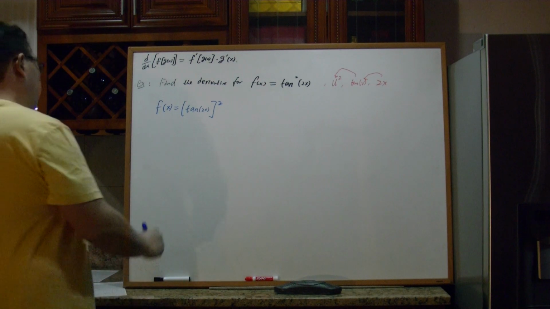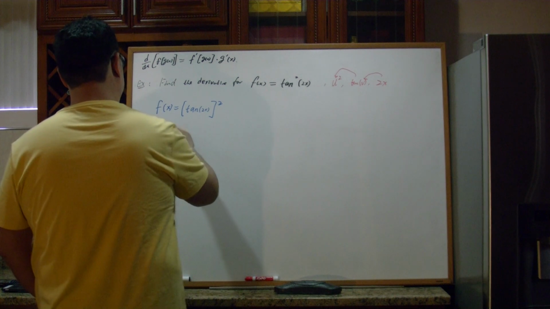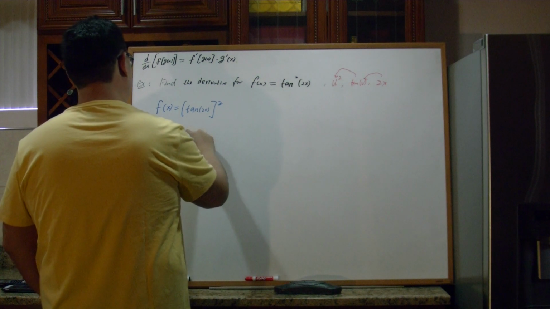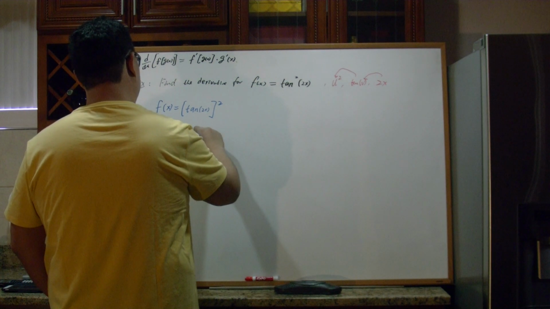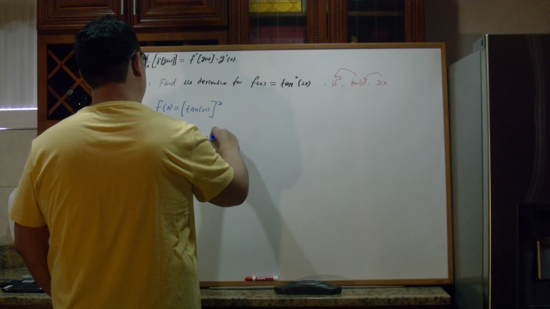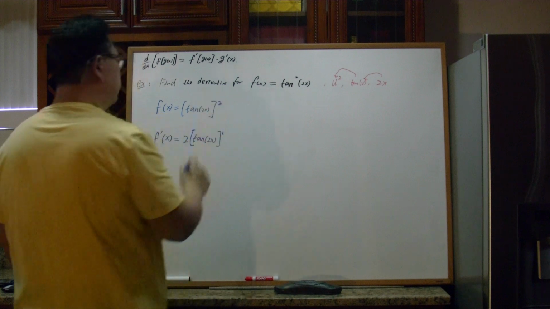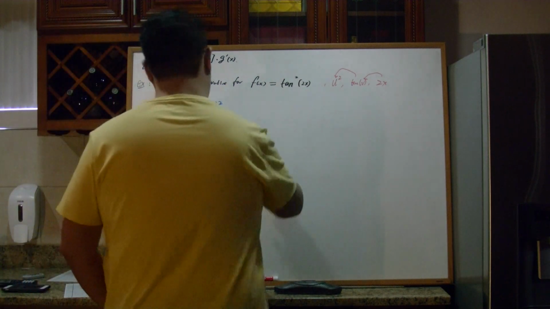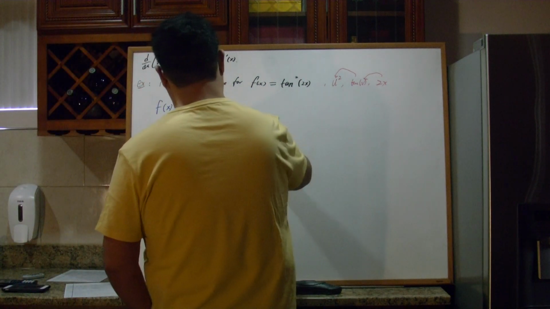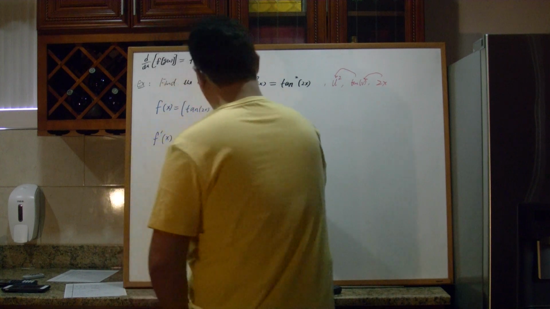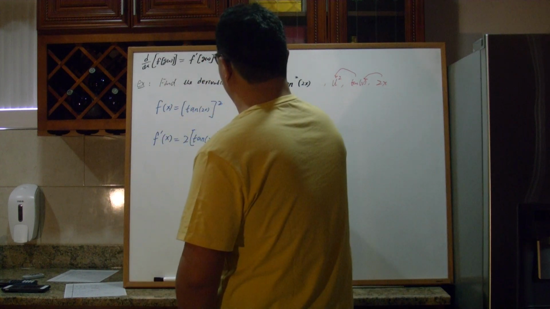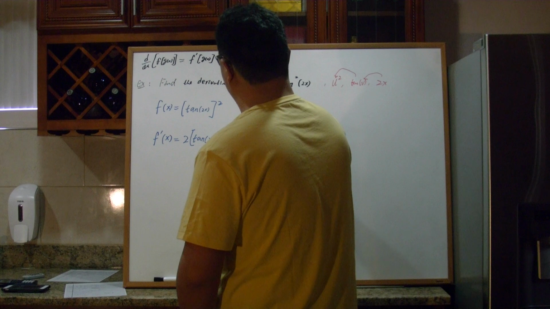Then we take the derivative: 2 times tangent 2x to the first power, multiplied by the derivative of tangent 2x.